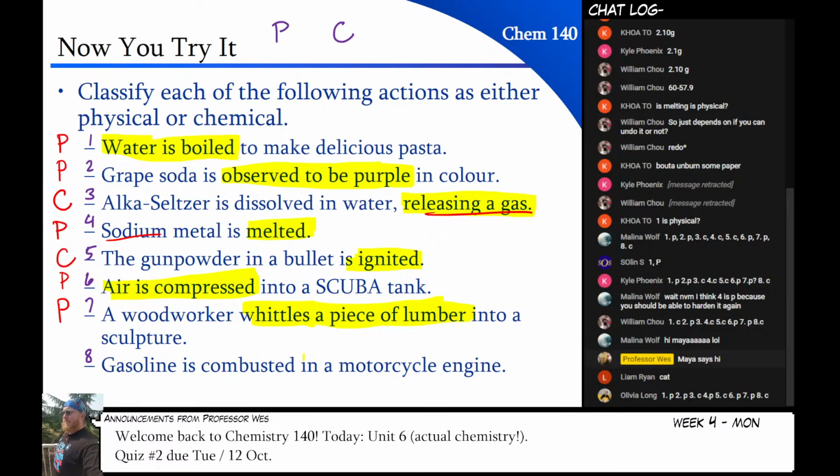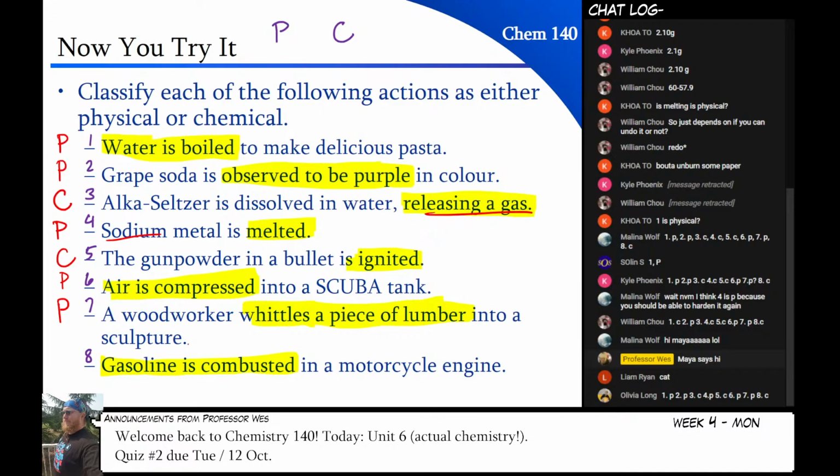And then down here, oh, this slide makes me nostalgic. Back when I used to have a motorcycle. Gasoline is combusted. When you combust things, you get carbon dioxide and H2O and other products, usually. But you don't get gasoline back.